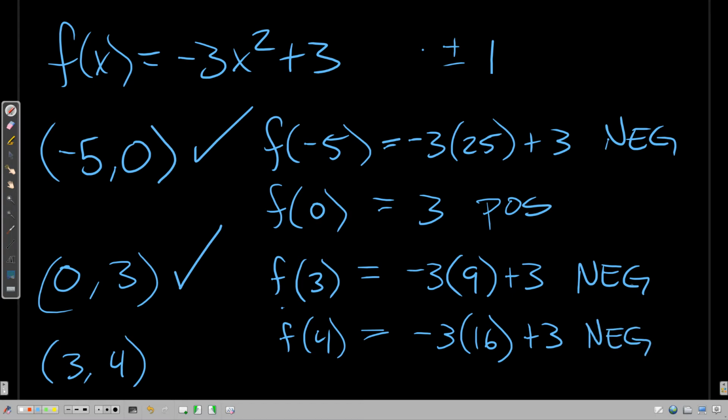So it's still negative. It did not switch signs, so I am not guaranteed that a 0 occurred on that interval. And in point of fact, I actually know that there's no 0 on that interval.